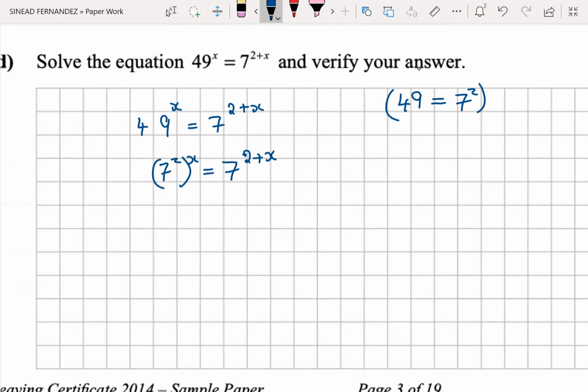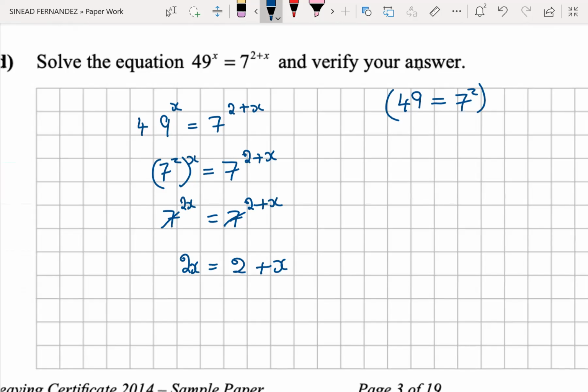Now, we can multiply the 2 by the x there, because that's one of the laws of indices. So 7 to the power of 2x is equal to 7 to the power of 2 plus x. Now, because we have the same base numbers now, we can just ignore them basically and just concentrate on the top lines. 2x is equal to 2 plus x. Now, this is algebra, so we need to get everything to one side, okay?